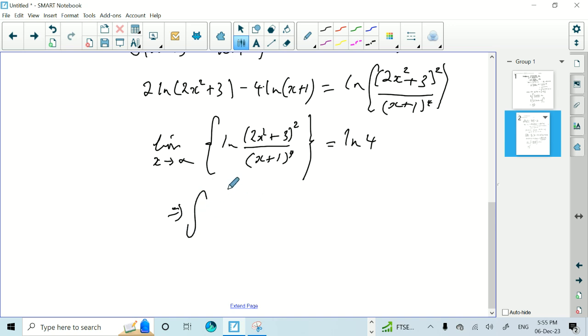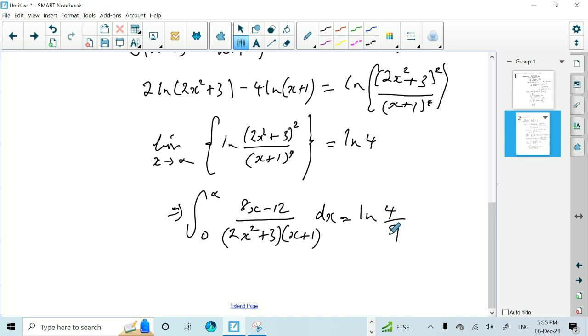This implies that the integral with boundaries of infinity and 0 of 8x minus 12 over 2x squared plus 3 times x plus 1 dx is equal to the log of 4 over 9. And that's 7 marks.